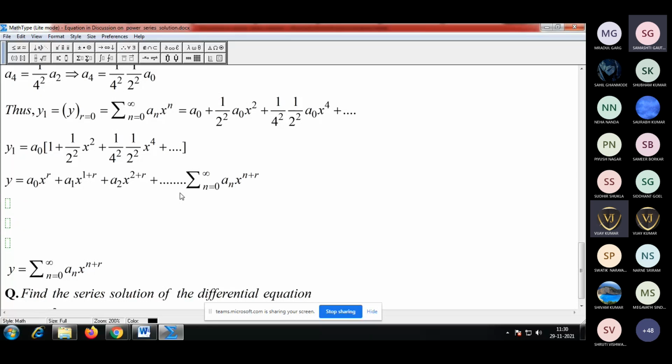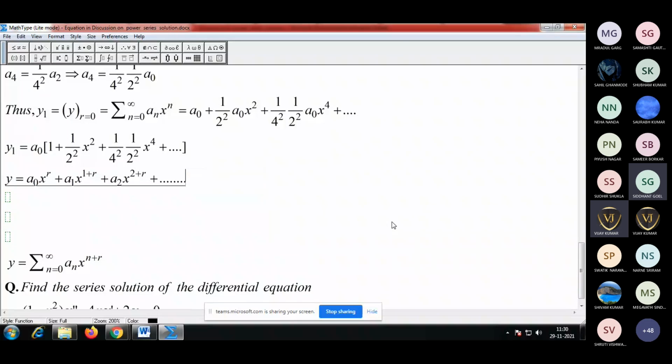I hope you all may understand with this one. So when we open the summation, then we'll get like this one. Now, the value of a1 is 0.